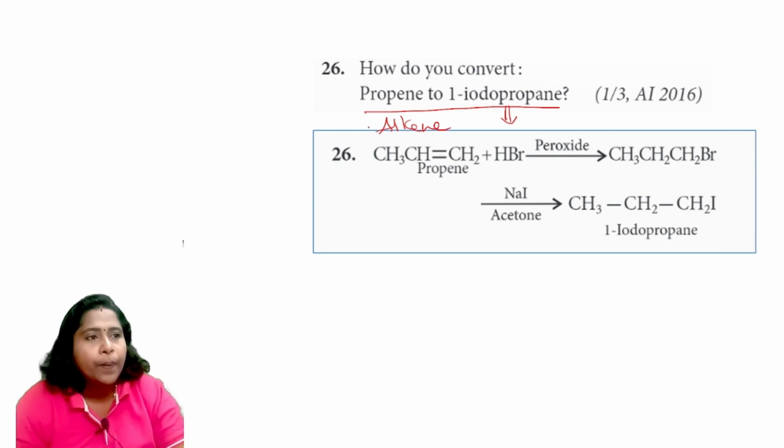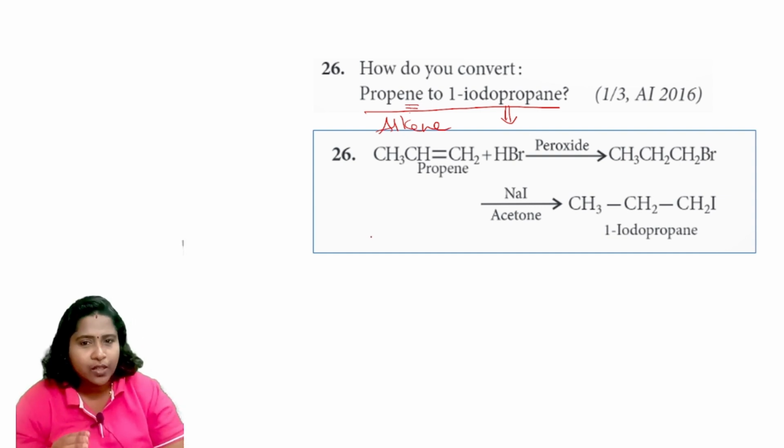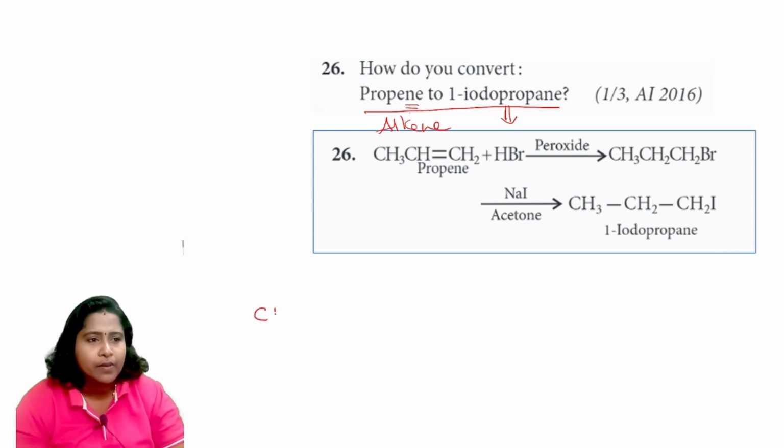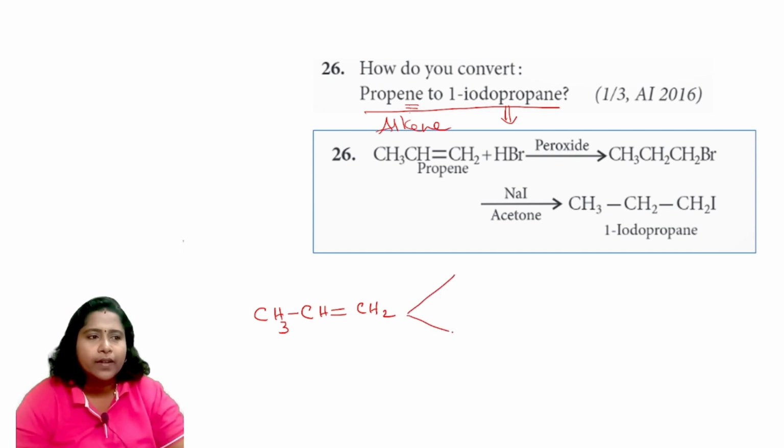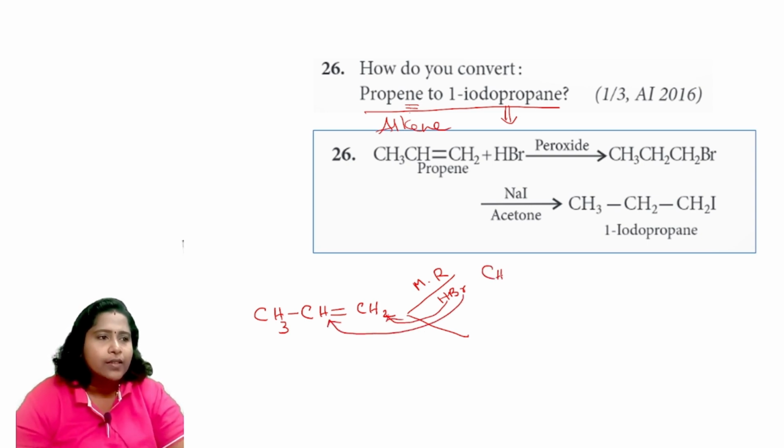See here, prop-1-ene, CH3, CH double bond CH2. We will see both methods. If I use Markovnikov's rule and add HBr, H will attach here and Br will attach here. The product I get is CH3, CH, Br, then CH3.